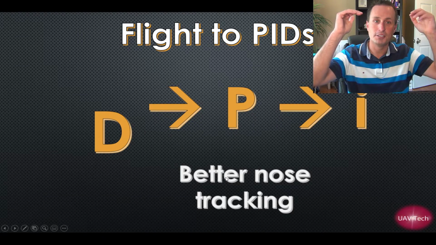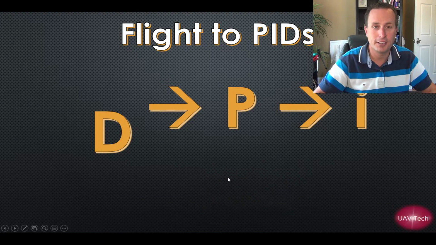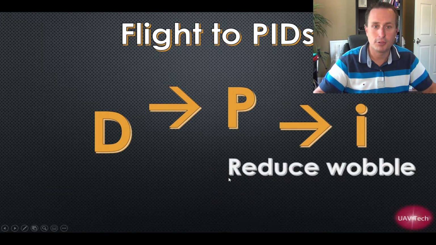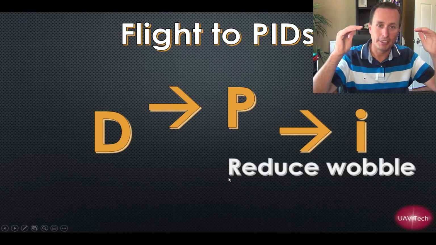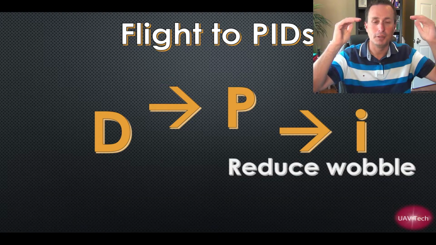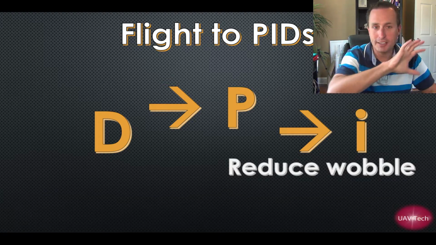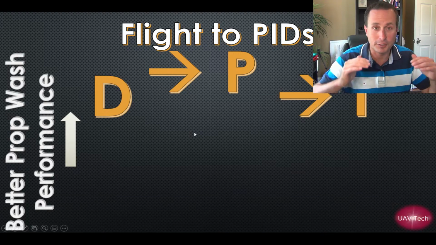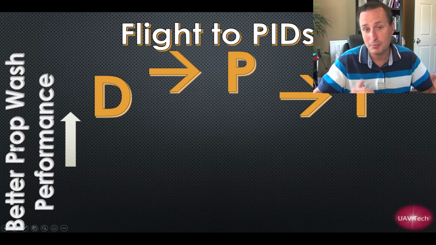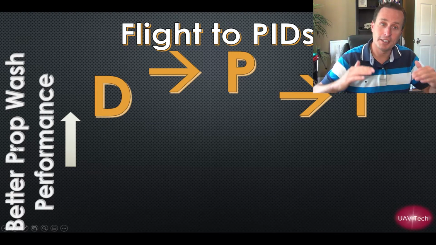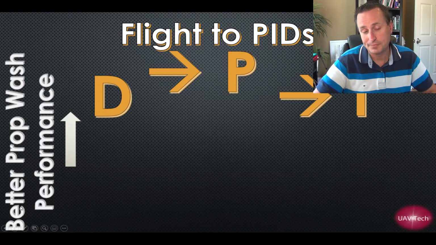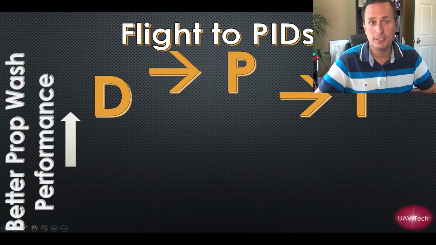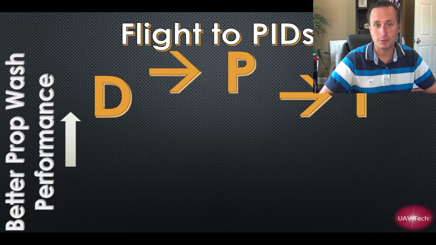You're not going to start to get throbbles or wobbling if you move them all up and move them all down. You're not going to induce other issues if you're simply moving them all together. Moving them all together up or down is, for all intent and purpose, going to increase or decrease your prop wash performance.